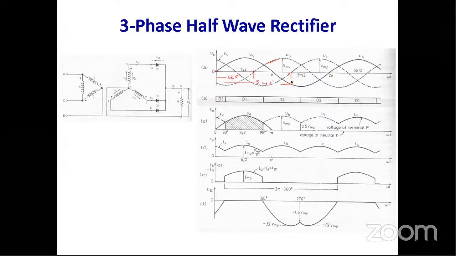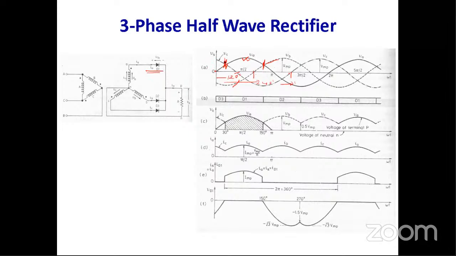So in that way, first you have to draw the individual phase voltages. Now if you see the zone where I marked, in this zone VA will attain the maximum value compared to VB or VC. The A terminal is connected to the anode of diode D1.